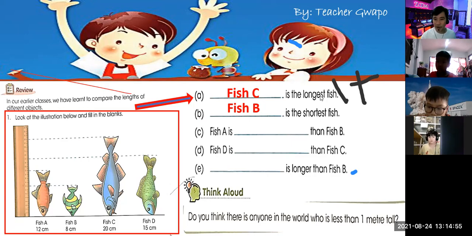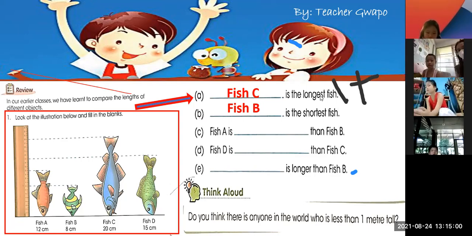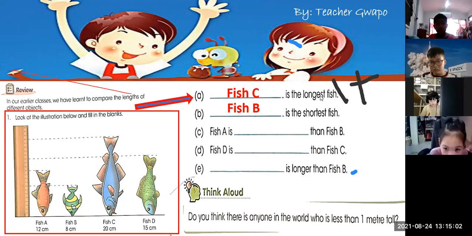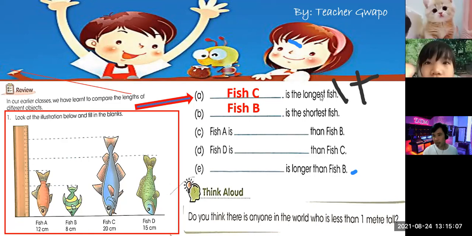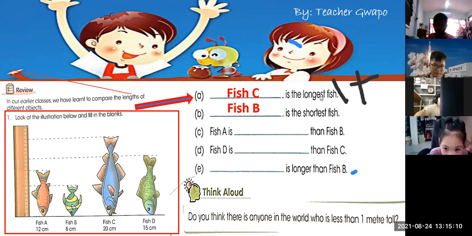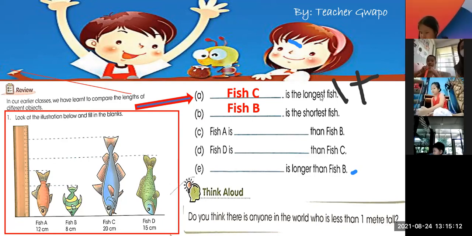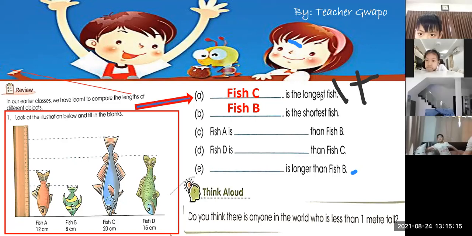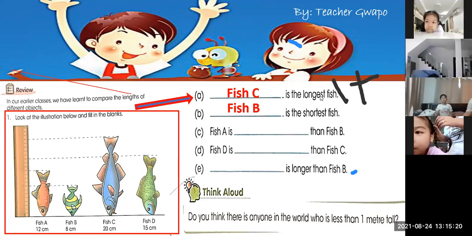Thank you, Pertat. Now for letter C, fish A is blank than fish B. For this one, we will use the word that we studied a while ago about comparing numbers. Crit, can you tell me your answer in letter C?